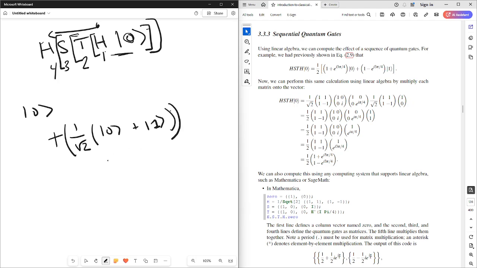The T gate applies a 45-degree rotation around the z-axis, matrix form of 1, 0, 0, e to the i pi over 4.